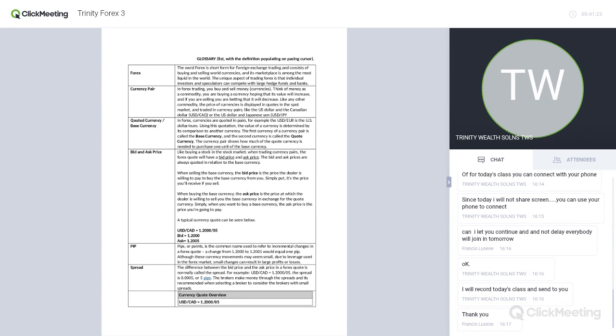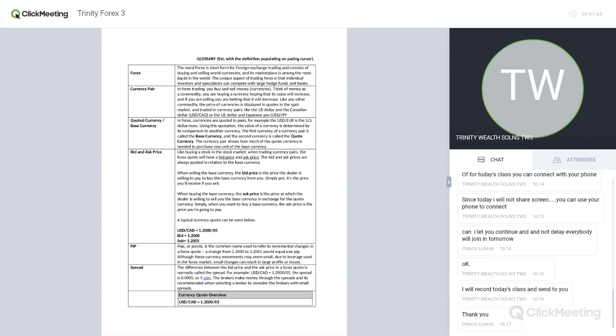Then we go to pips. In Forex, we count our profitability or our losses by the number of pips the pair has moved once you entered your trade, right? So a pip or a point is the common name used to refer to incremental changes in a Forex quote.